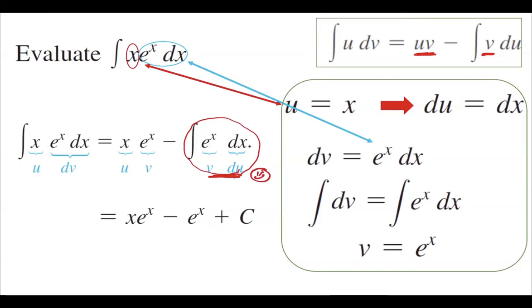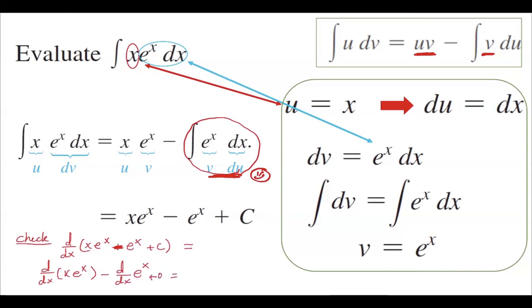You can take the derivative of the quantity that you just found and show that it is indeed x e to the x. You can always check your work. So if I take the derivative of x e to the x minus e to the x plus c, this becomes d dx of the multiplication between x and e to the x, minus the derivative of e to the x, and the derivative of c is just 0.